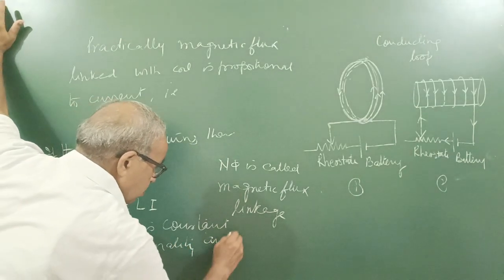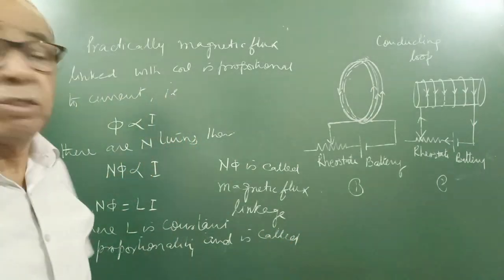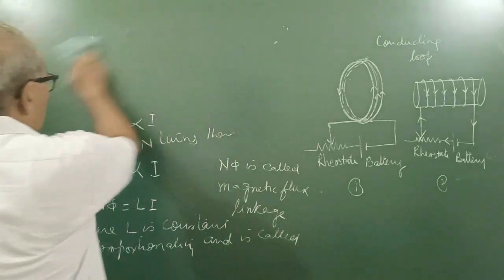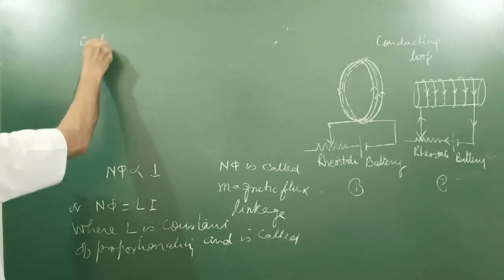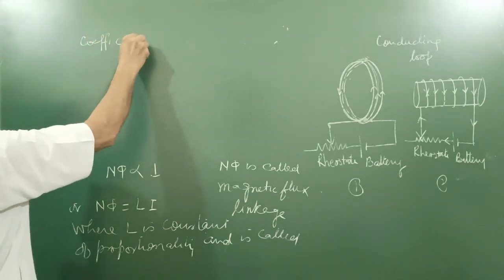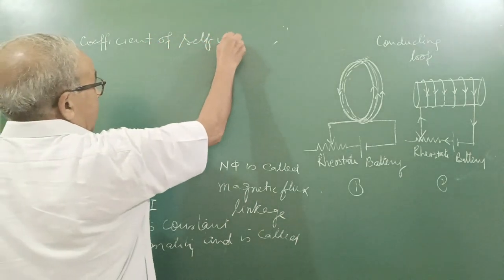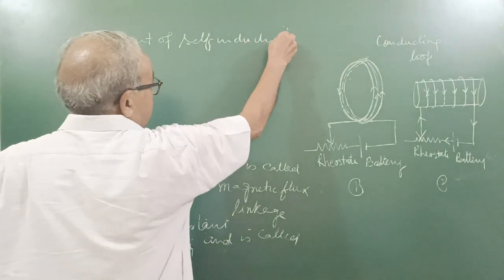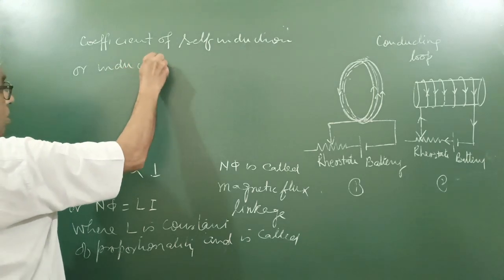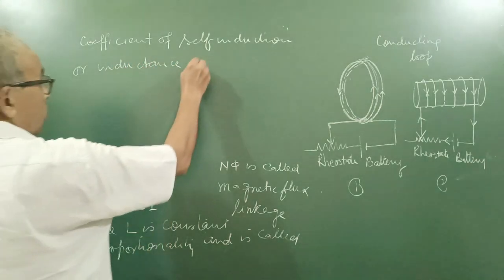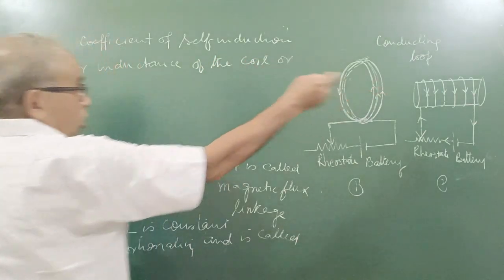L is called the coefficient of self-induction or inductance of the coil or solenoid.